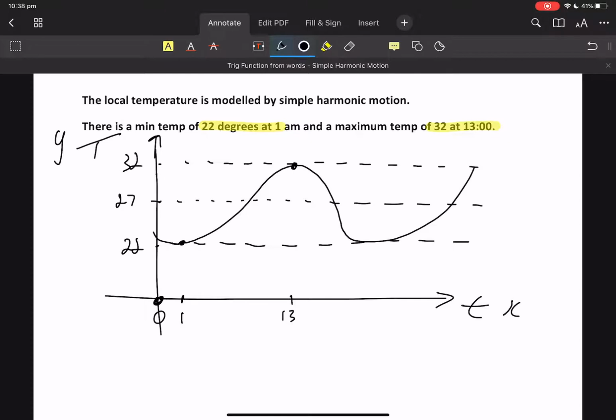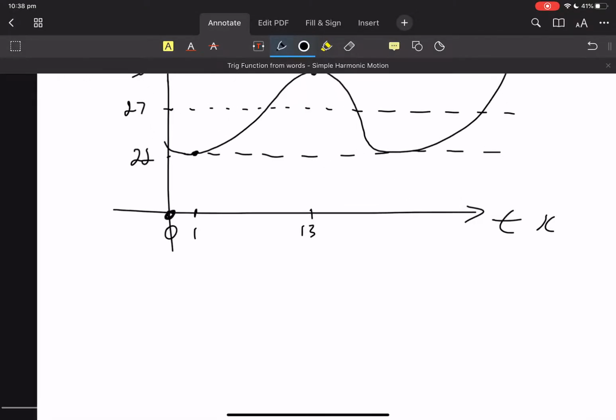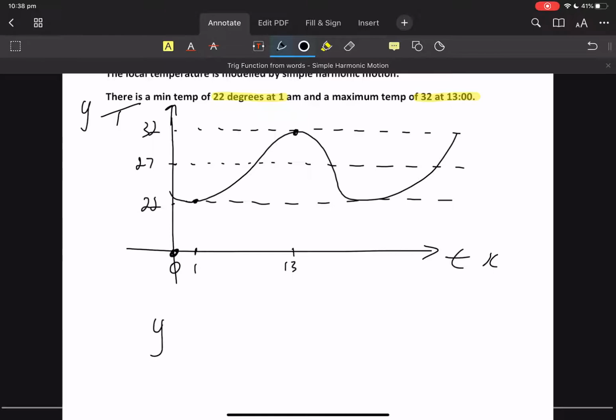I reckon that if I just stood back, that's a cos graph, and it's a special one. It's a negative cos graph. So my starting point is going to be to call it y equals negative a cos b x plus c plus d.